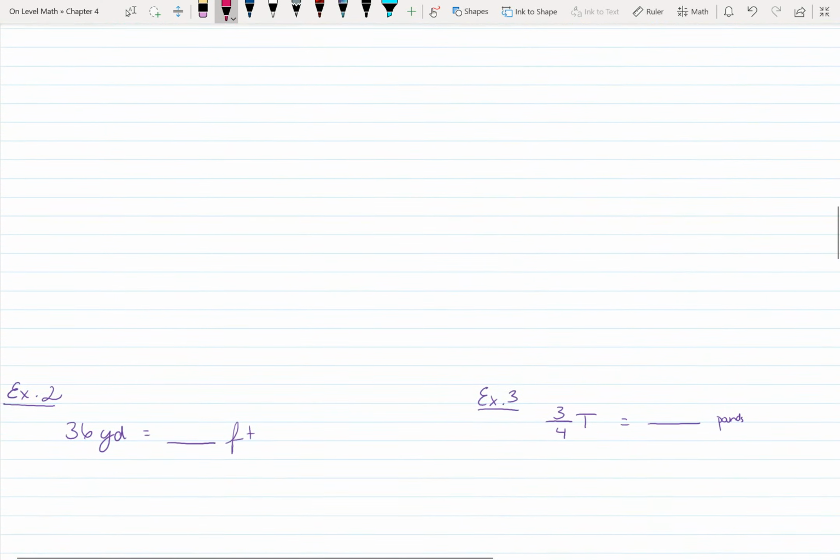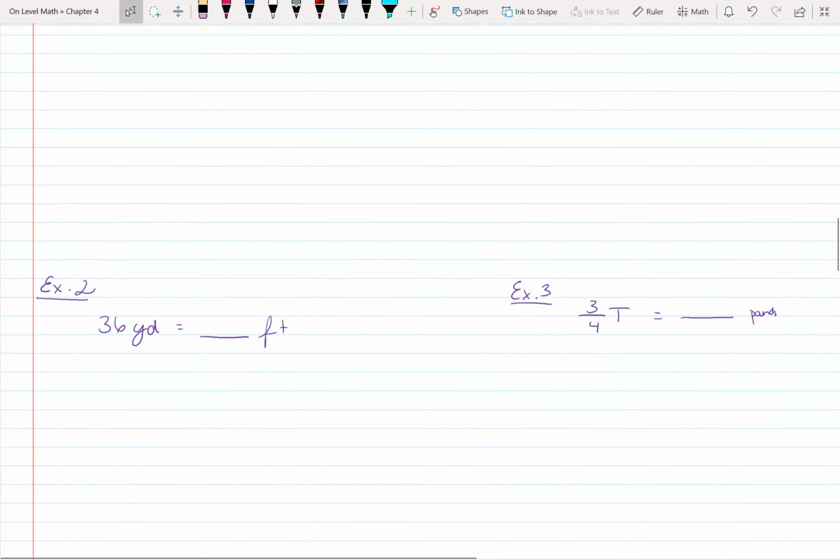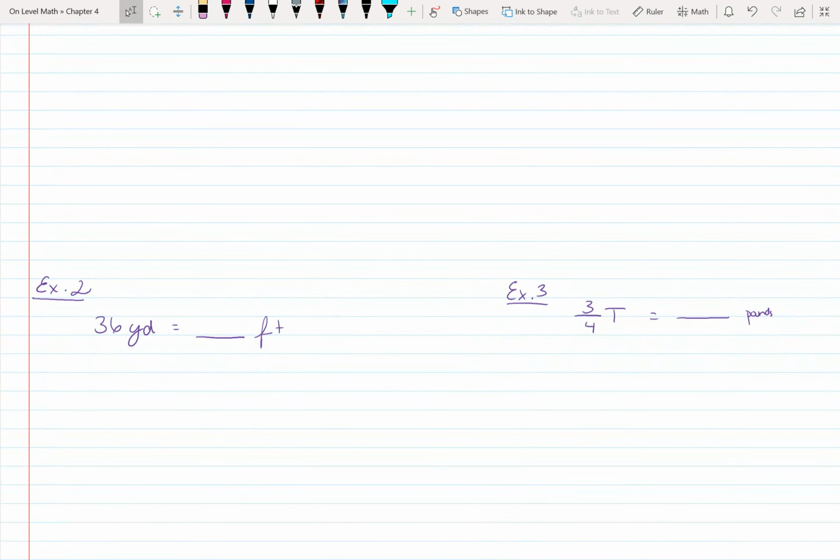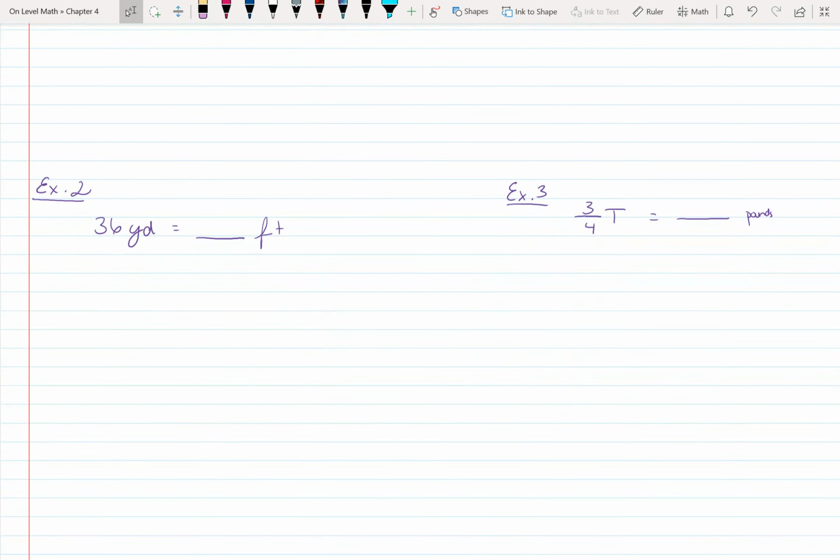Alrighty. Let's do example 2. 36 yards to feet. So yards to feet. We've got to look at page, again, 290, and let's see, what could our possible conversion factors be?